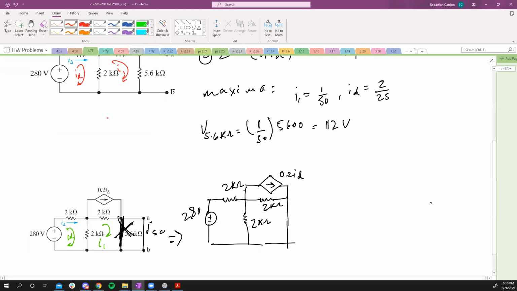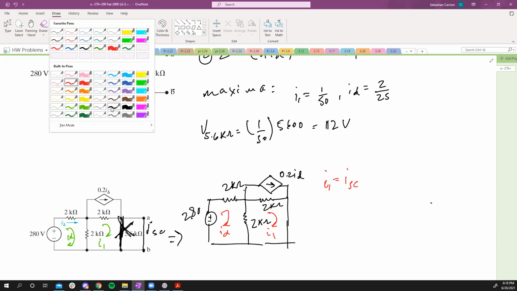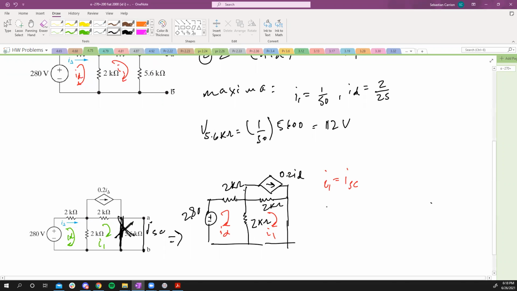So we do mesh analysis again. ID. We have two equations again. So our I1 would be equal to our I short circuit. So then our equations would look like this.